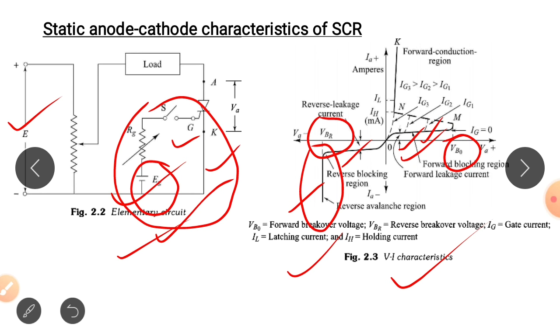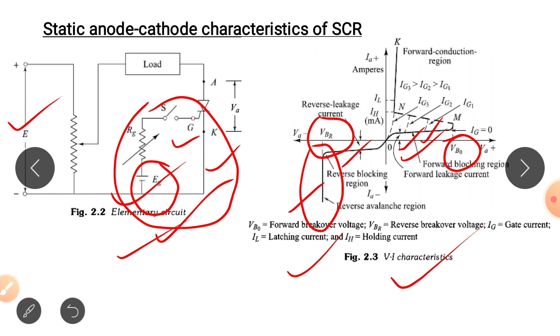The thyristor switches from off state to on state. So we can turn on the thyristor by increasing the anode to cathode voltage up to the VBO level, or by applying a gate signal in the gate to cathode circuit. Then also the VBO level decreases, and current can flow from anode to cathode.